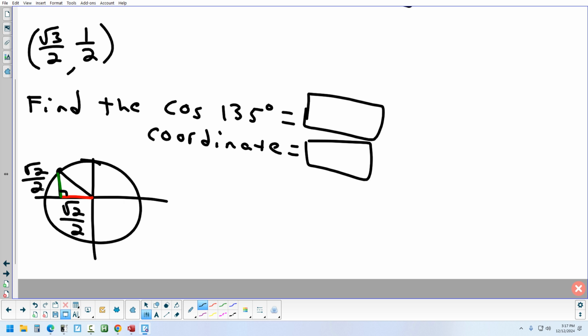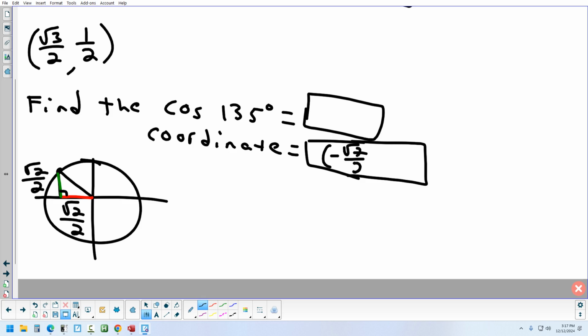Now, when we write the coordinate for 135, we've got to be careful because we're in the second quadrant. So how would you write your coordinate for 135 degrees? Negative root 2 over 2 and then just root 2 over 2.